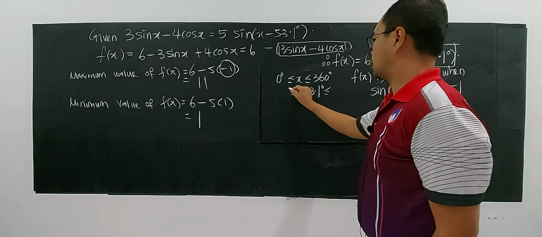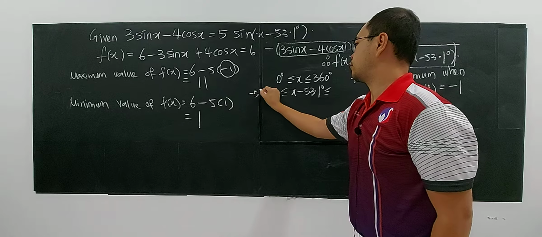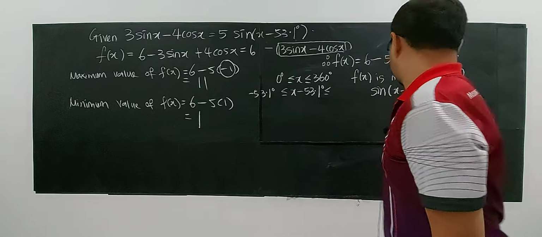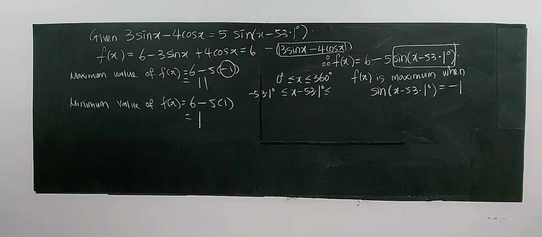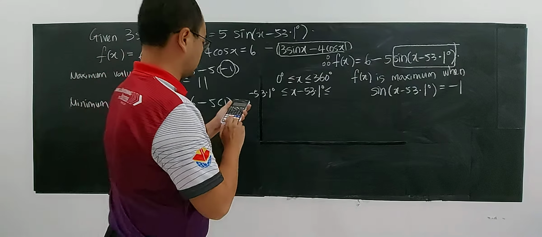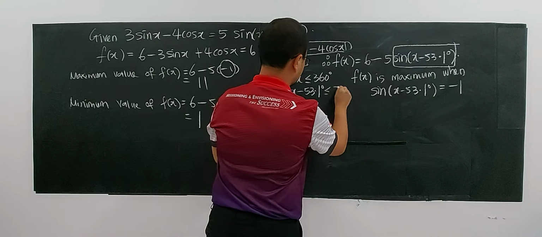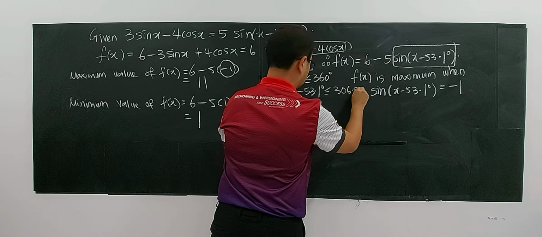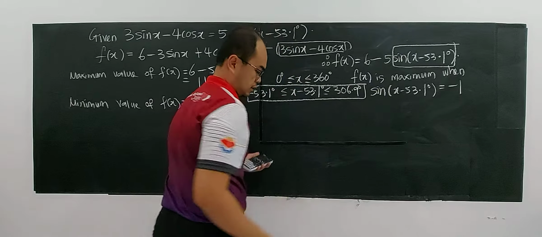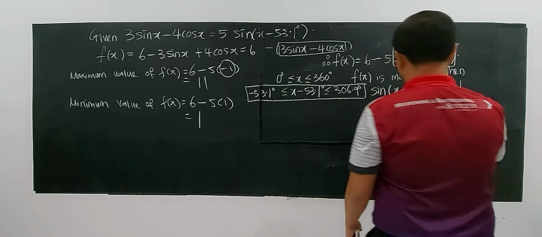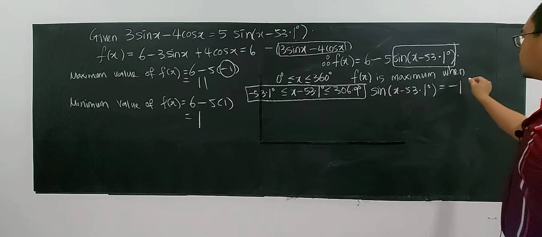So the minimum is 53.1 degree, and the maximum you take 360 minus 53.1, which gives you 306.9 degree. So this is a reference to solve this equation here. So sine theta is -1.